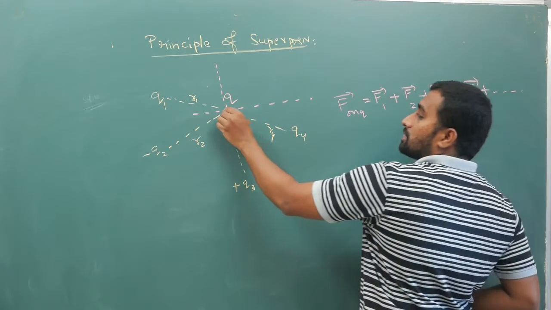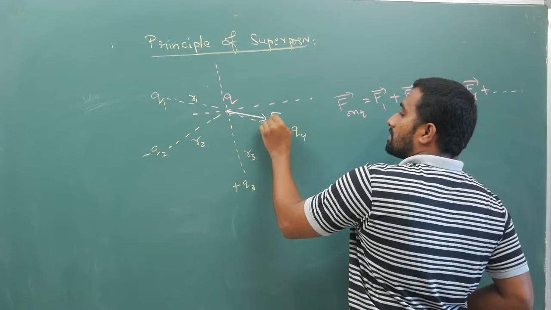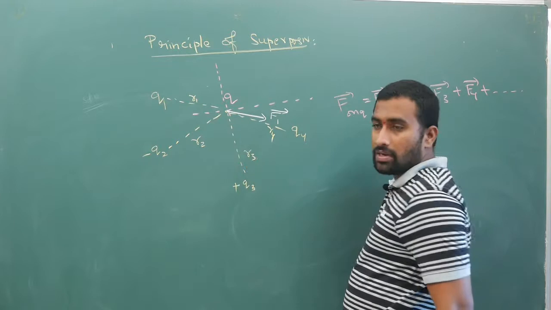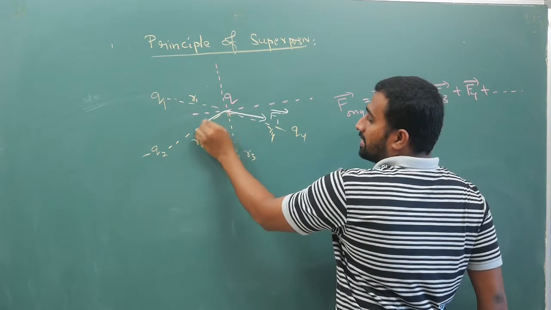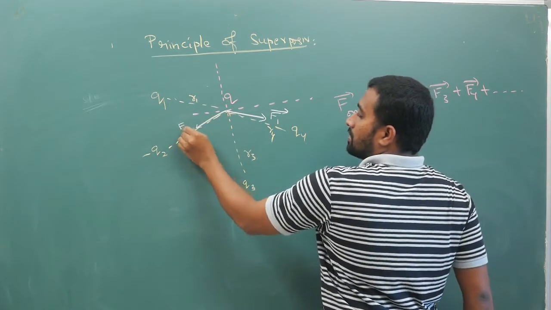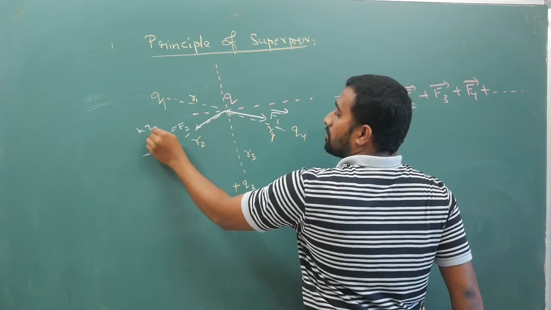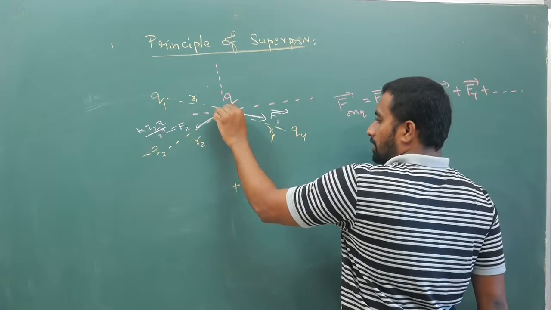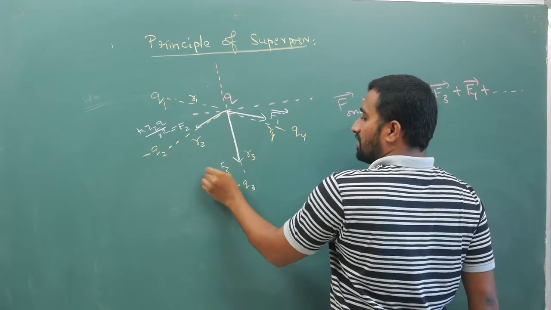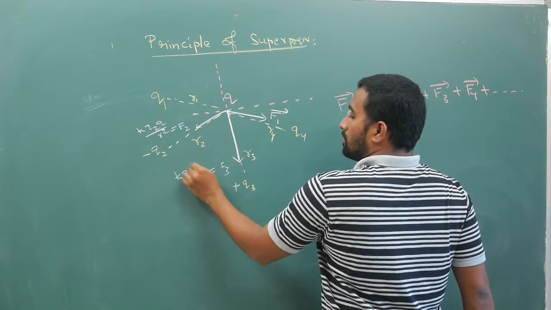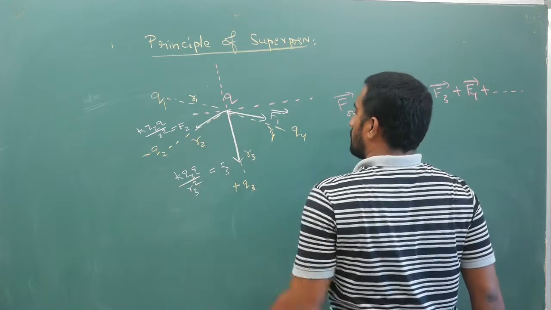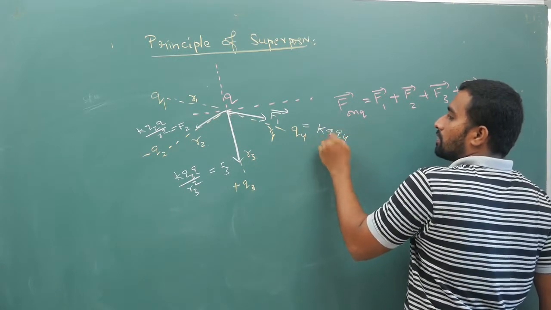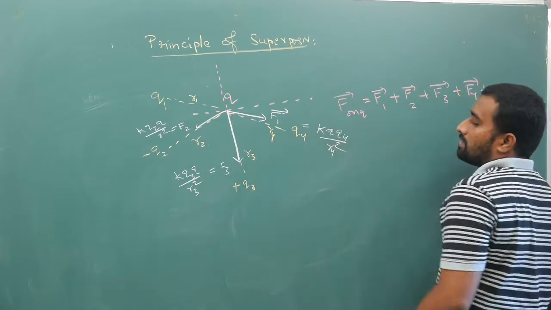Because the first charge is positive, it will repel: F1 bar is k q1 q by r1 square. The second charge is negative, so there will be attraction: F2 is k q2 q by r2 square. F3 is k q3 q by r3 square, and F4 is k q q4 by r4 square.